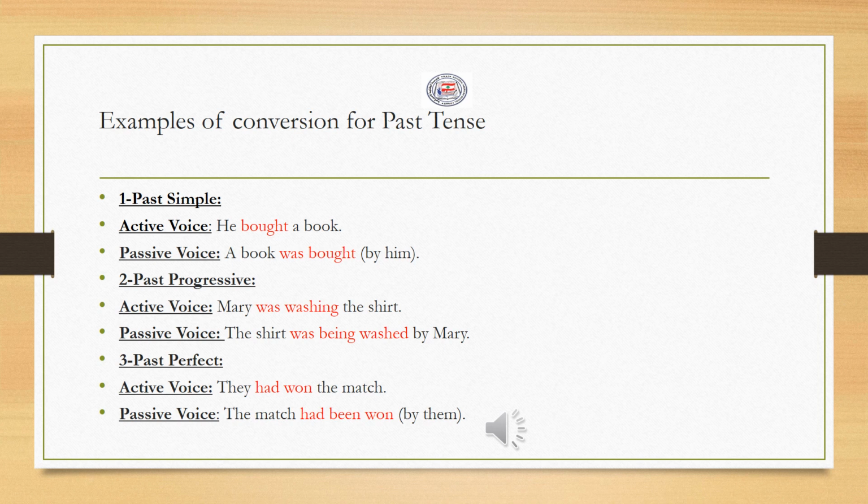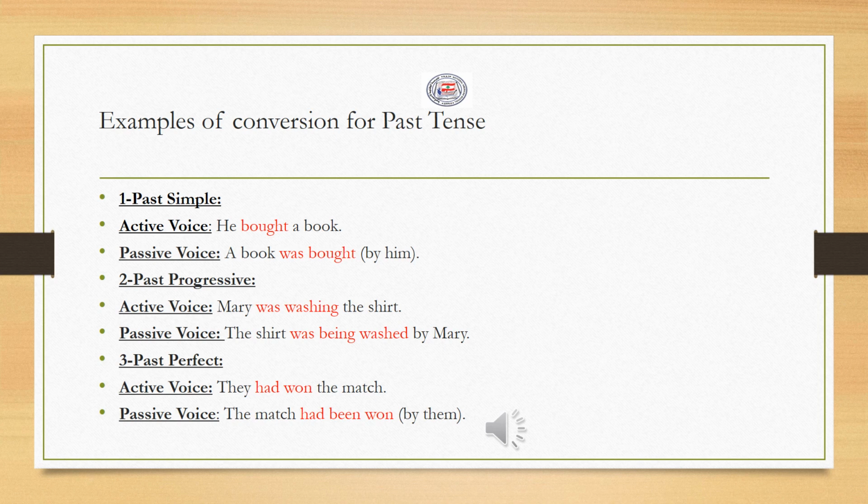The third one is the past perfect. The active voice sentence is: They had won the match. In order to change this sentence into the passive voice, the match should become the subject of the sentence. Had stays as it is because it's in the past.